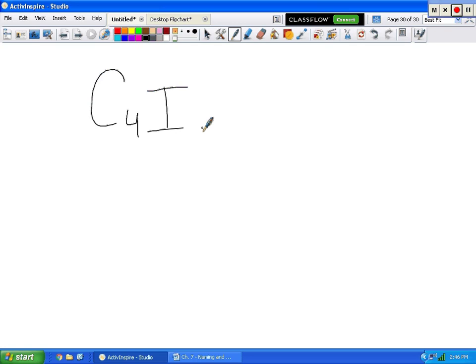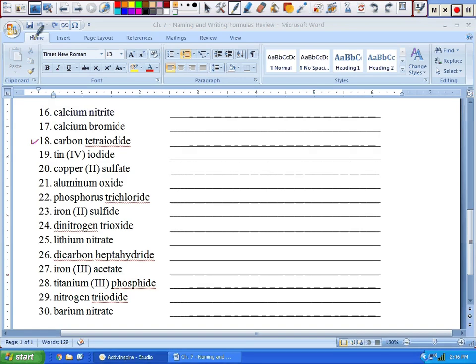They swapped the prefixes, okay? Leave the prefixes where they are. If they're attached to the element, they belong to the element. So what is carbon tetraiodide? Very good. Guys, that's already several points. And you don't freeze your brain on the hard ones and get to the easy ones and mess them up. Start here. All right?